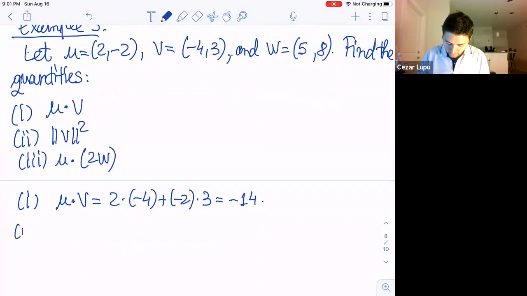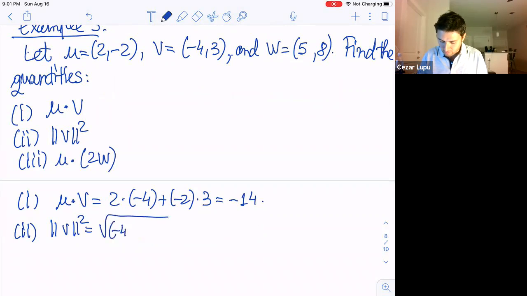And now the second one is we want to find the magnitude of v squared, which will be nothing else than just (-4) squared plus 3 squared, and this will be 25, without any square root. It will be 25.